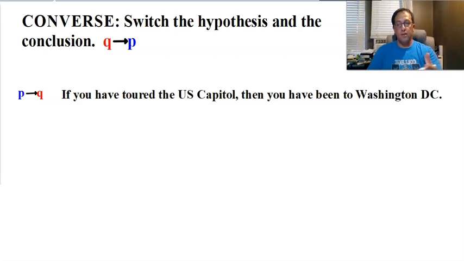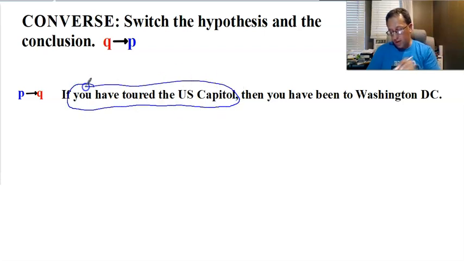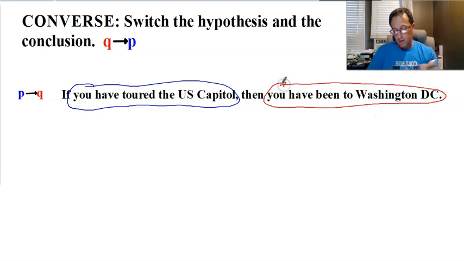Our statement is, if you have toured the U.S. Capitol, then you have been to Washington, D.C. The hypothesis, remember, is the if part. So that would be this right here: you have toured the U.S. Capitol. That's the hypothesis. The conclusion is the then part: you have been to Washington, D.C., right there.